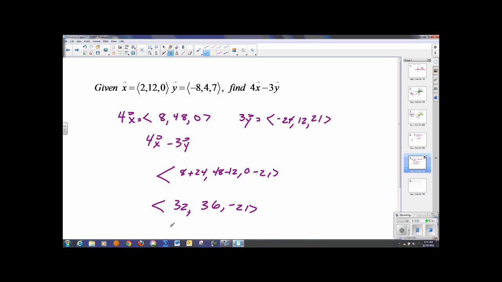And if I wanted to put that in unit vector form, that's 32i plus 36j minus 21k. Okay.